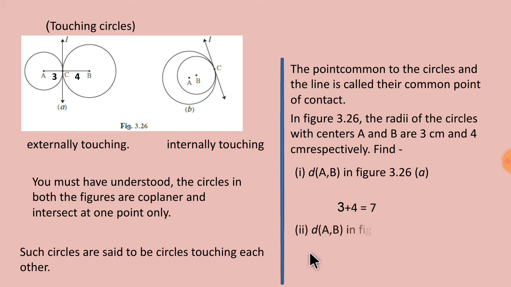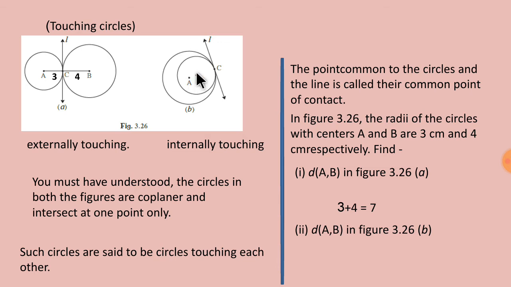And distance AB in figure 3.26b. This is figure B. In this figure, the radius of large circle is 4 centimeter. Radius of large circle म्हणजे मोठ्या वर्तुळाची त्रिज्या किती आहे? 4 सेंटीमीटर आहे. And the radius of small circle is 3 centimeter. तर in this way, what is the distance between point A and B?